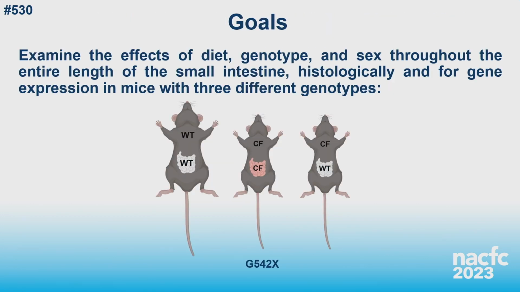Our initial goals were to examine the effect of diet, genotype, and sex throughout the whole small intestine, not just the ileum, both at the histology and the gene expression level. And for that, we used 3 genotypes: a wild-type mouse, a CF mouse that carries the most common nonsense mutation, the G542X, and a CF mouse whose CFTR has been restored in the intestinal epithelium.